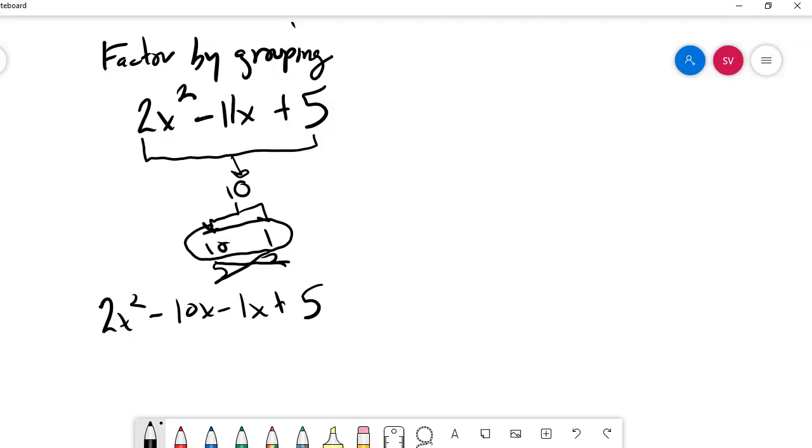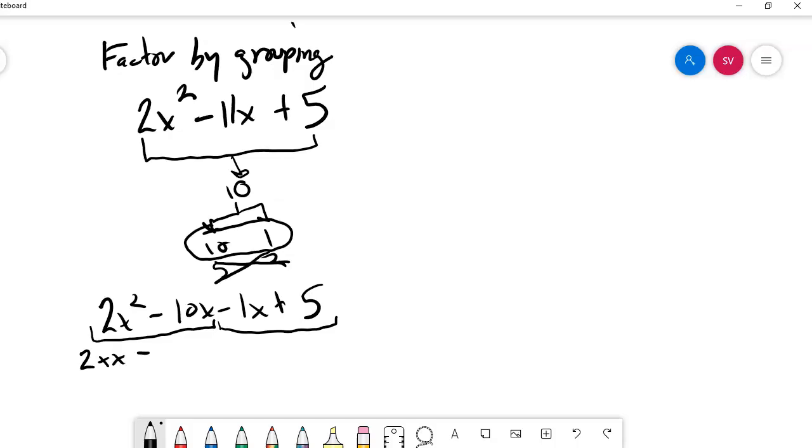So now we look at the next step here, and that's called factor by grouping. This sub-step is pretty simple. You group the first two terms, you group the last two terms. So now we look at the first grouping, pretend the second grouping doesn't exist, and we look to see what's common between the two terms. So I'm going to expand this 2x squared out into 2 times x times x.